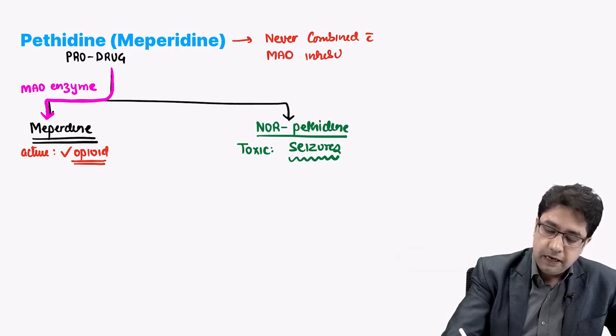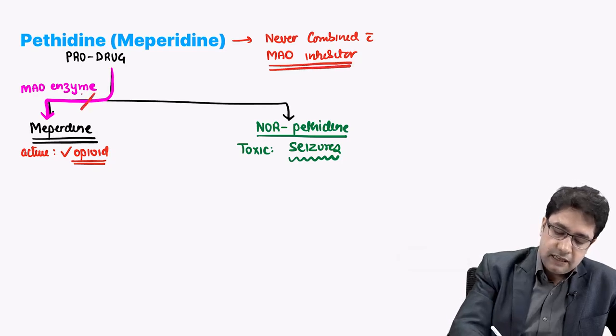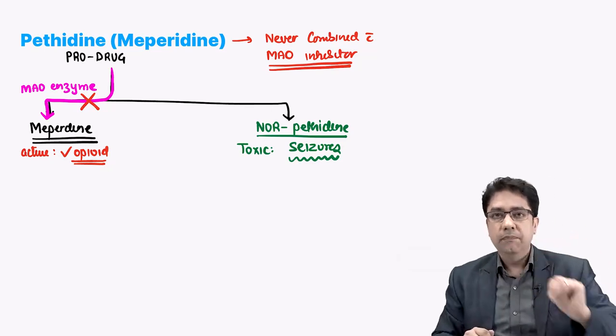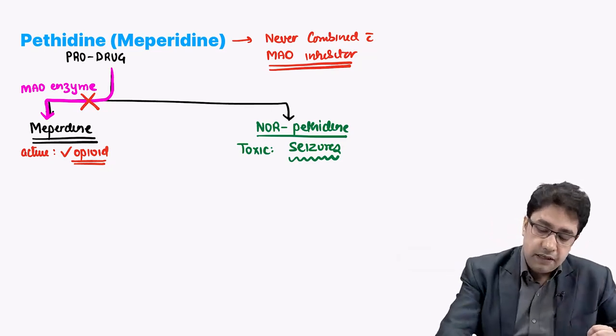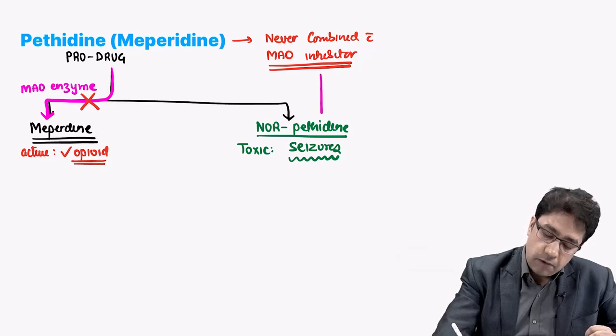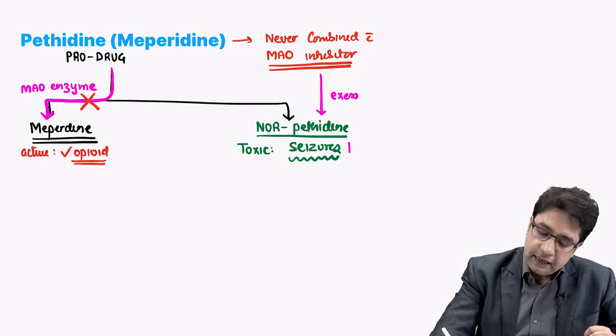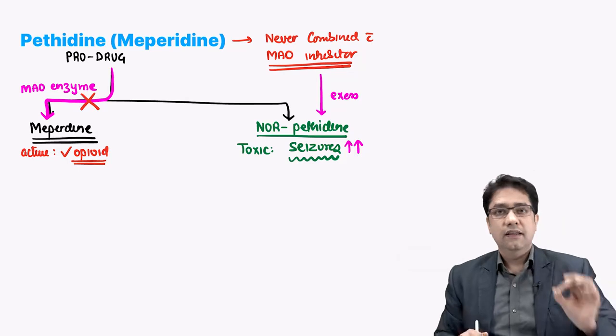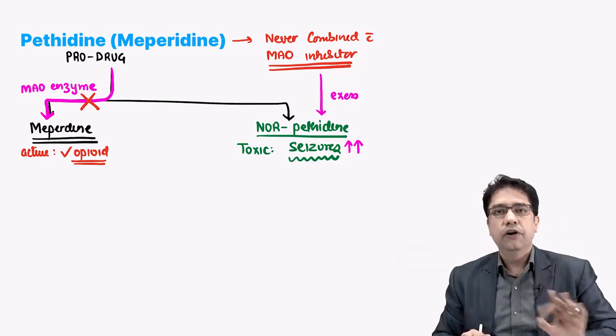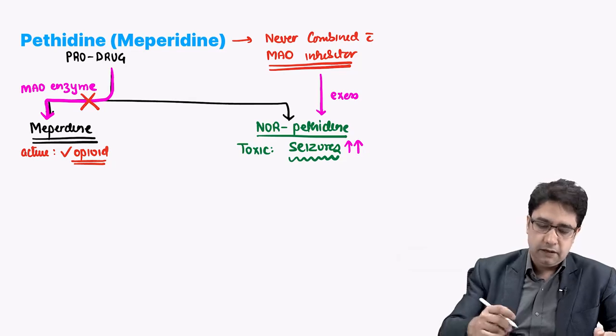If you combine pethidine with an MAO inhibitor, meperidine will not be produced. With an MAO inhibitor, what will be produced? Norpethidine will be produced in excess amount and it can lead to seizures. That is why pethidine is never combined with an MAO inhibitor.